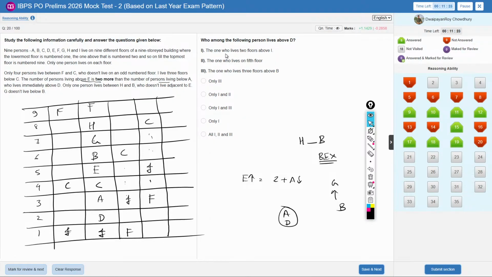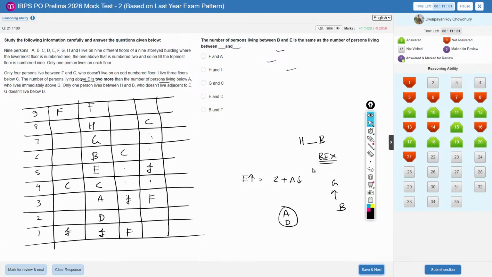So the one who lives above I, who among the following lives above the one who lives 2 floors above I, the one who lives on the 5th floor, the one who lives 3 floors above B. Okay.